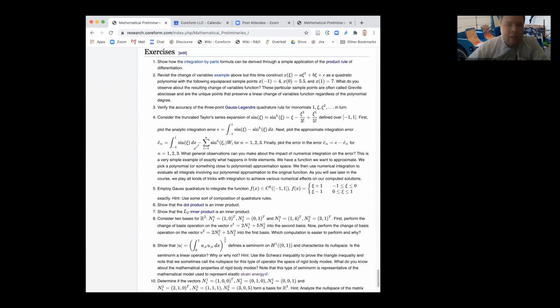Well, let's say that we want to try and approximate the sine function over the interval -1 to 1, right? And let's say we don't know what the sine function is. We have to approximate it.